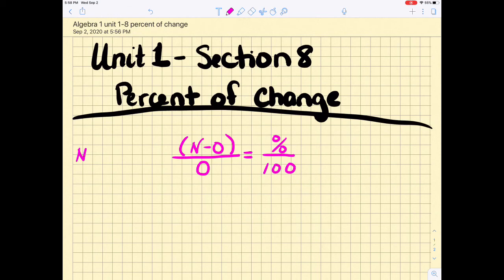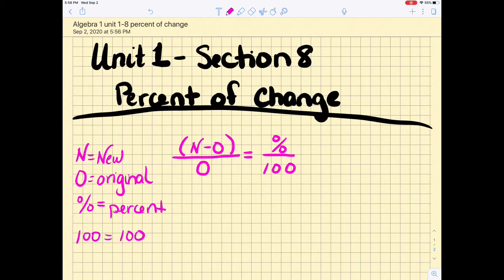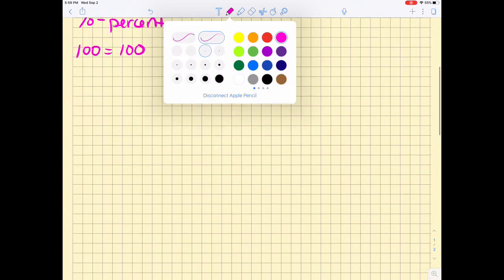N stands for new, o stands for original or old, percent just stands for your percent, and 100 is always going to be 100. Okay, so we're just going to use this, and then we're going to solve like we would do any other proportion. Okay, so let's get to the examples.